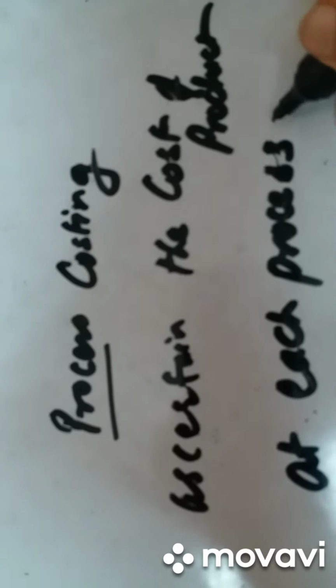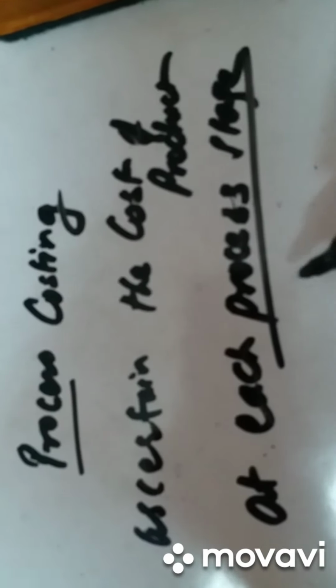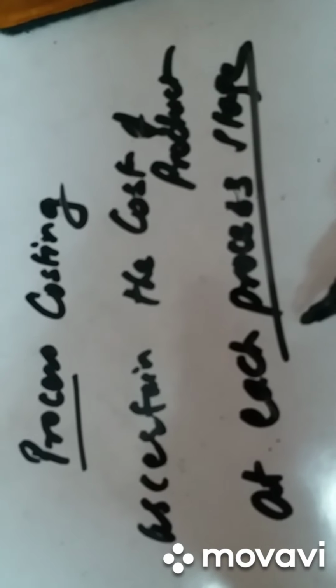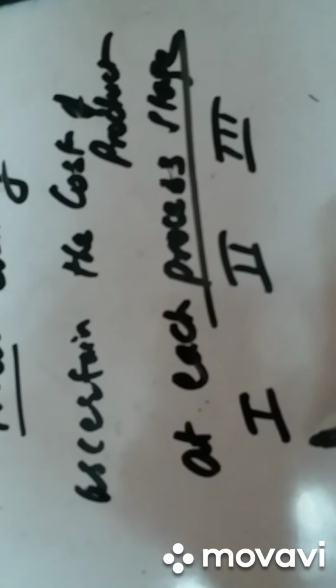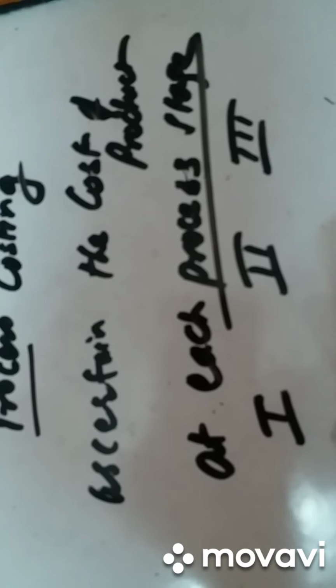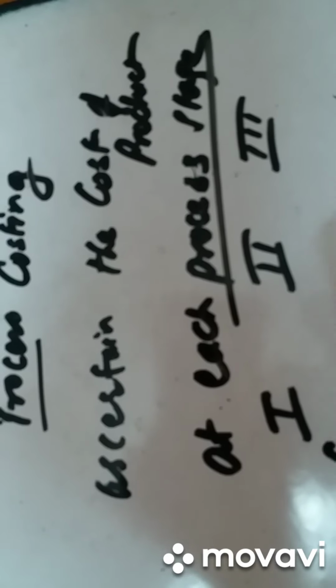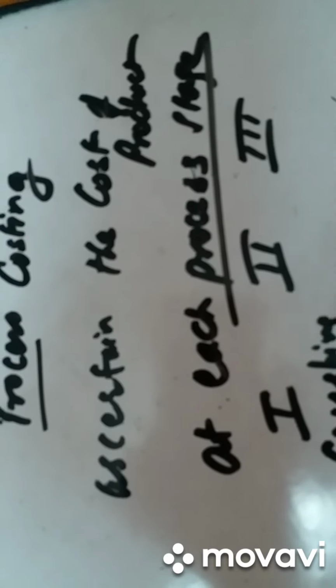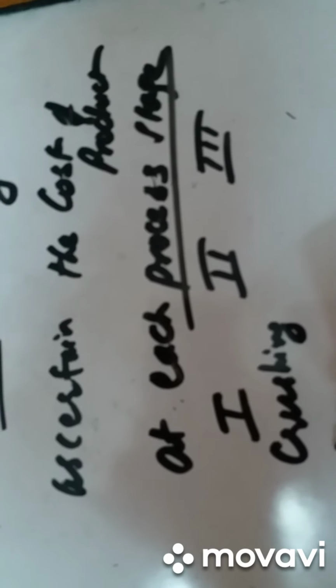At each process stage, as I told you, there is a certain sequence of activities or certain operations. For example, I take up the process of making coconut oil. I can say it is divided into, let's say, 3 processes. In the first, coconut is peeled off and the crushing process is done, and crude oil comes out of this.